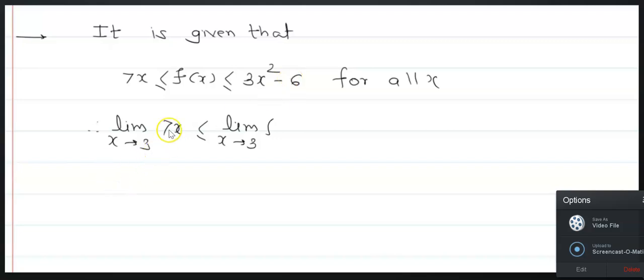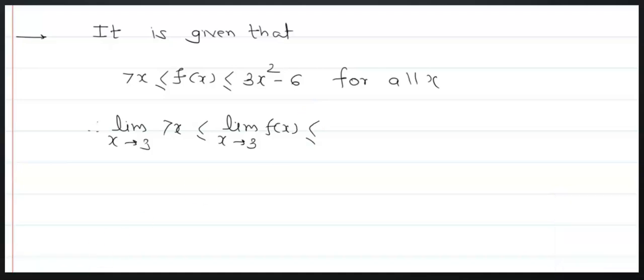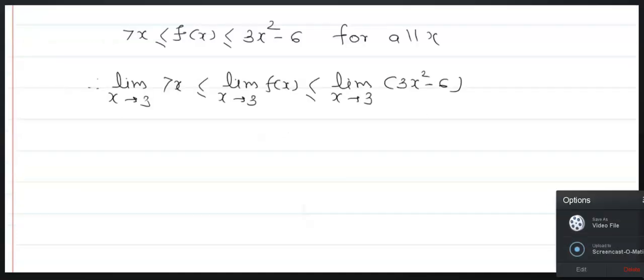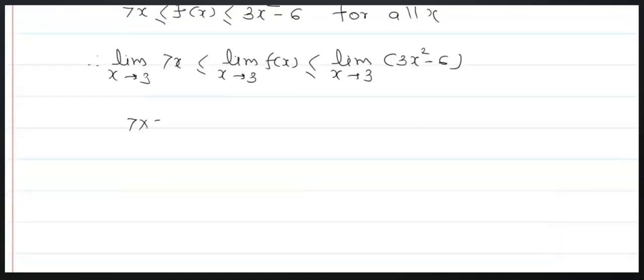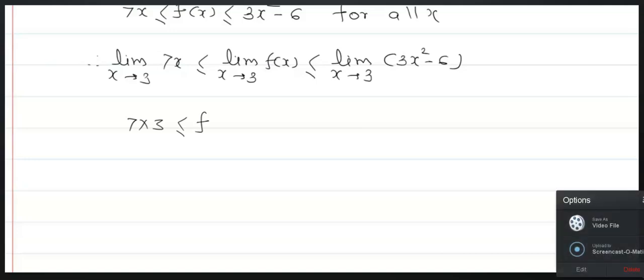Limit x tends to 3, 7x less than or equal to limit x tends to 3 of f of x less than or equal to limit x tends to 3, 3x square minus 6. Now replace x by 3, then you will get 21.